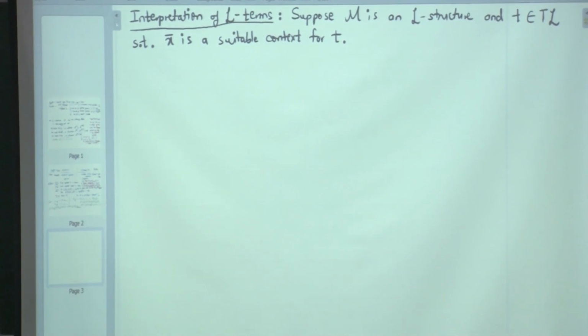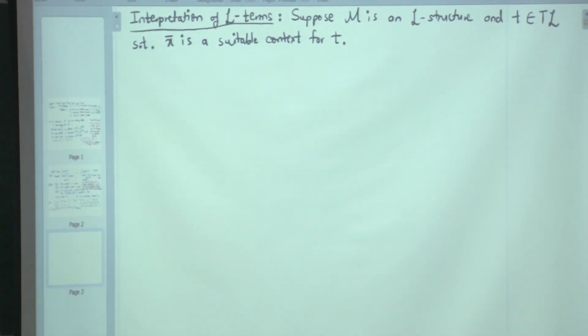We will write t(x bar), where x bar is x1, x2, ..., xk.